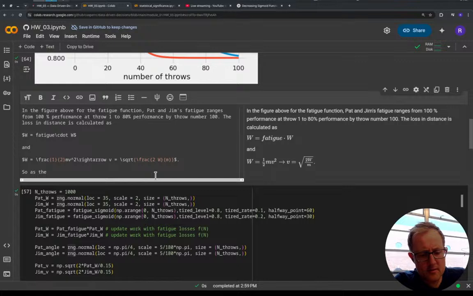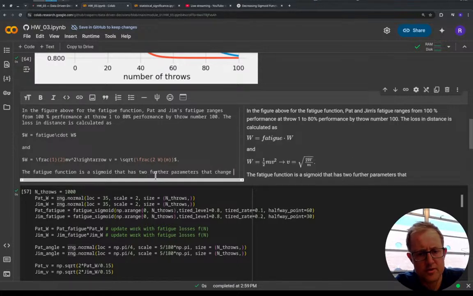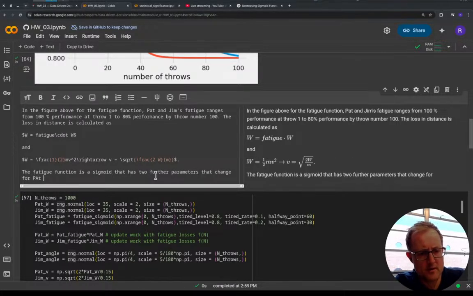So as the player, the fatigue function is a sigmoid that has two further parameters that change for Pat and Jim.